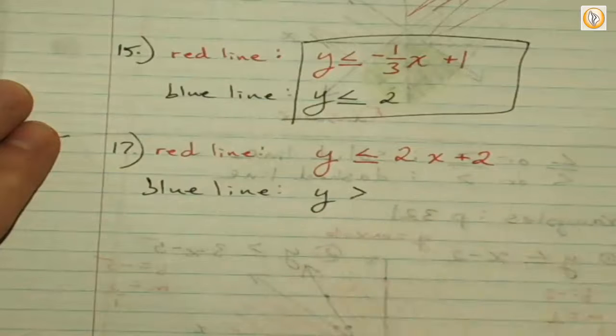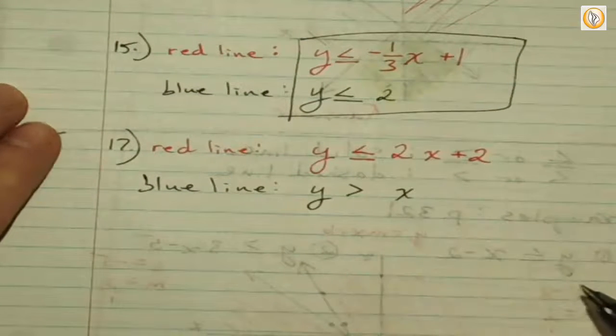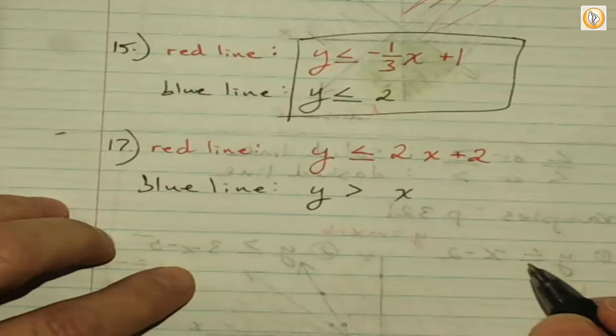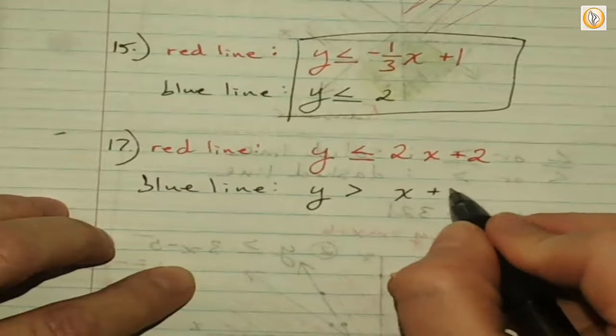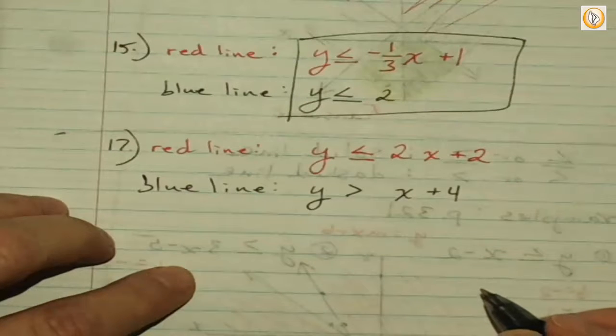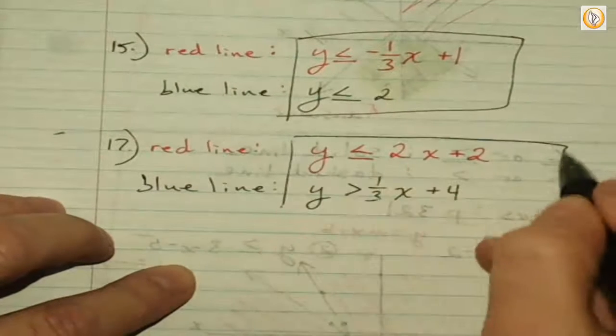So then it's just greater than. Okay, so let's find our y-intercept. Where does it cross on the y? Positive 4. And Miranda, you tell me the slope. 1/3. Perfect. And this is your answer.